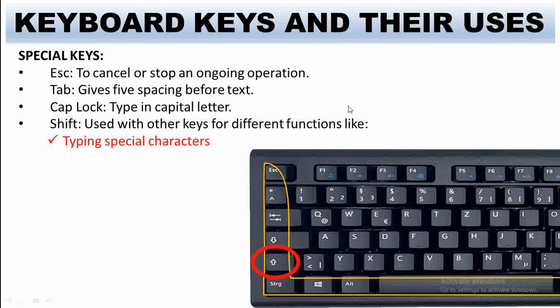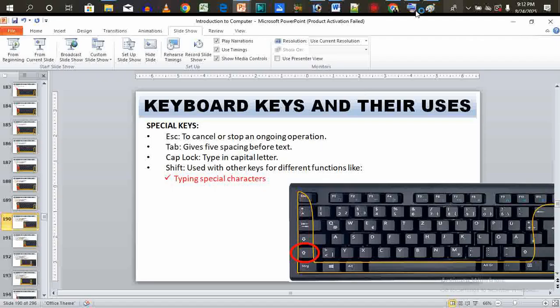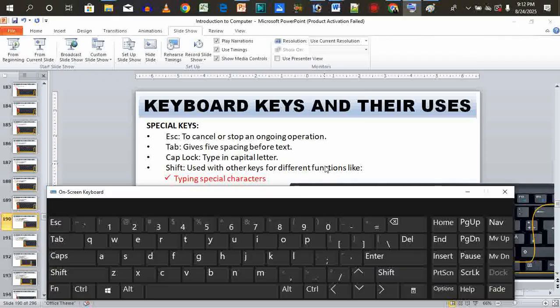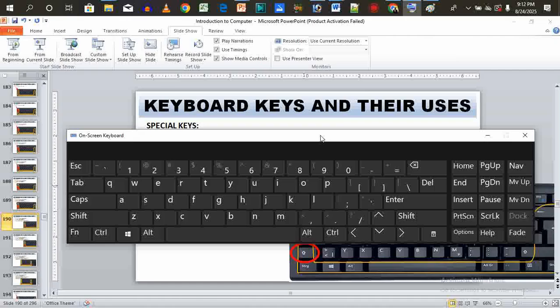Let me bring the on-screen keyboard again for us to understand it better. So this is an on-screen keyboard. We can see under 1 we have the exclamation mark, under 2 we have the at sign, at the top left corner. Under 3 we have the hash, which means under each of the numbers we also have another character.